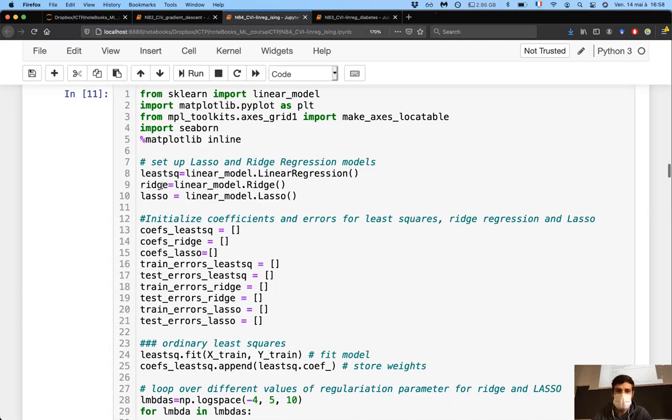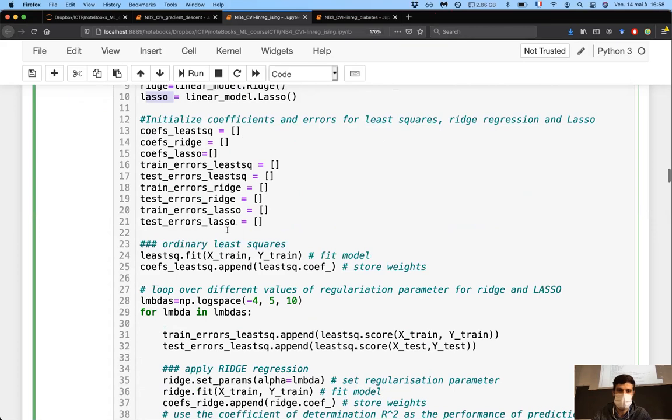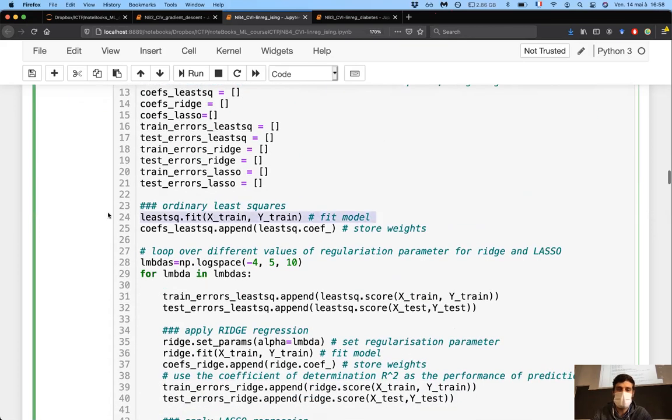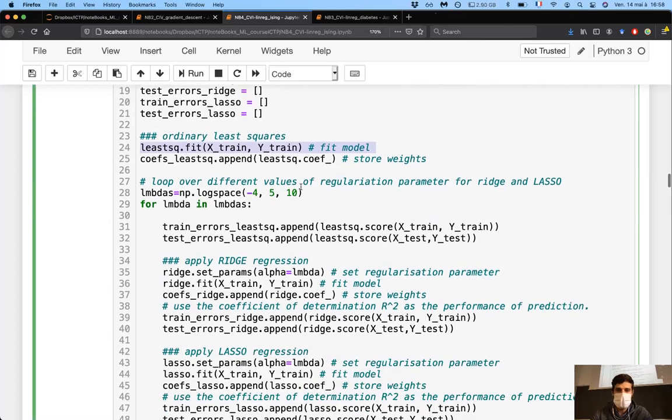So here I'm setting up my least square, ridge, and lasso procedures. These are objects; I'm just initializing things. And here I'm fitting my ordinary least square model. Then I will loop over the value of the regularization in ridge and lasso. So I will do cross-validation. I'm scanning over a large range of values for the regularization.